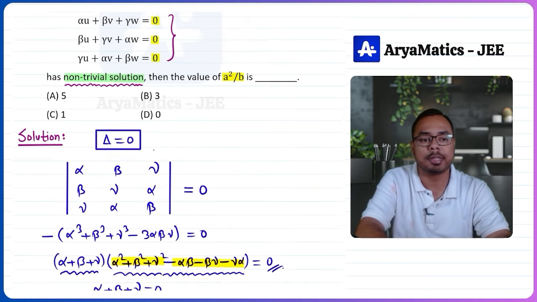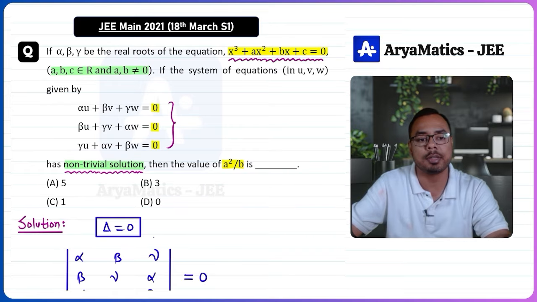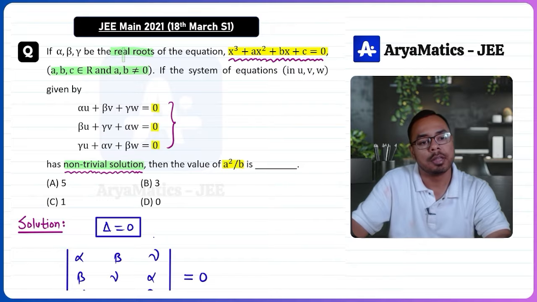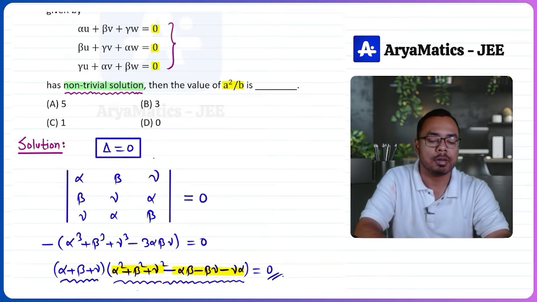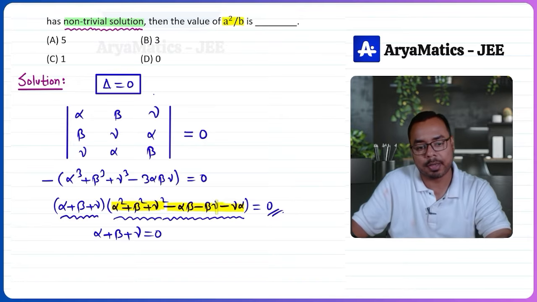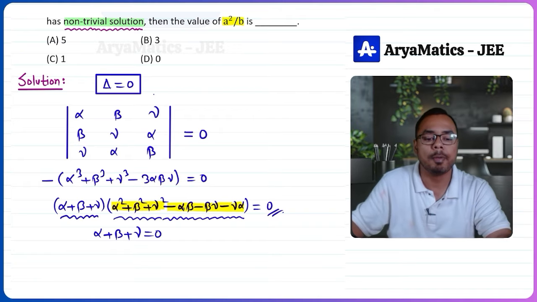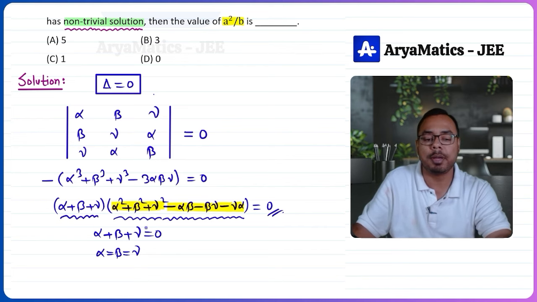Now remember here it is given that alpha, beta, gamma are the real roots. This word real is important here because in basic maths we learned that if we have three variables which are real numbers, and if a square plus b square plus c square minus ab minus bc minus ca is 0, then this is possible only when all three variables are equal, because you can write this as a perfect square, right?